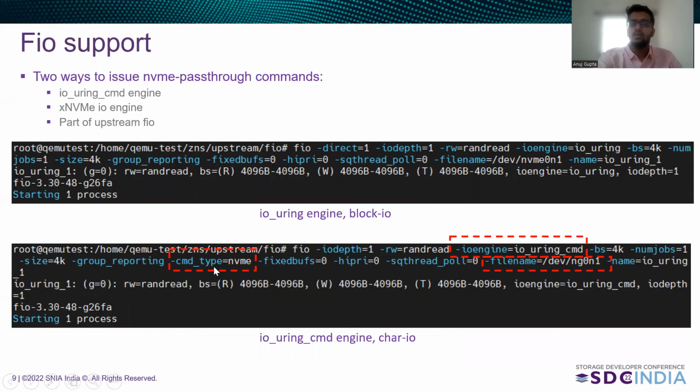It will also take a cmd_type option, which essentially means what is the type of uring command that we want to use, and we want to use the NVMe uring command. So we'll specify this option as nvme. And in the filename option, you will have to pass the NVMe generic device. That's it. And you can run the workload using this engine.